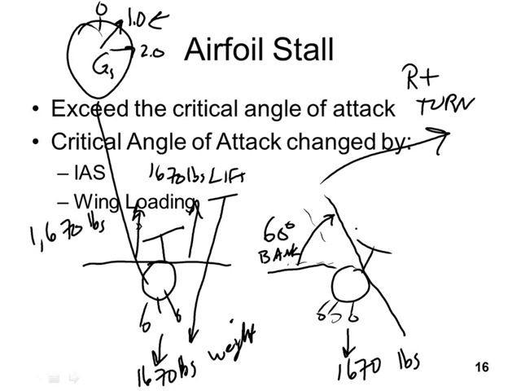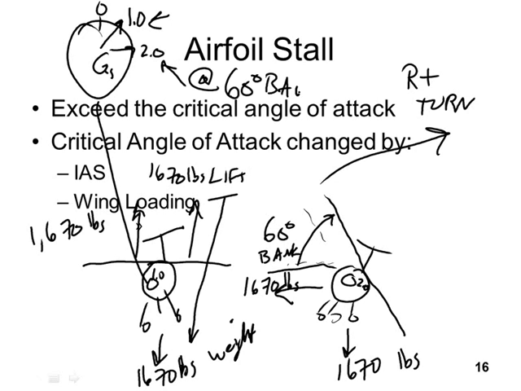If we're in a 60-degree bank, and we're not losing altitude, we're not gaining altitude, the centrifugal force pulling in this direction will be 1,670 pounds. So if we have this little gauge inside of our airplane here that says 1.0, it's going to say 2.0 at a 60-degree bank turn.